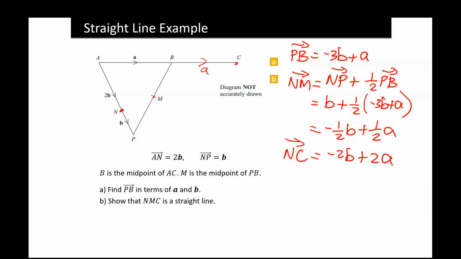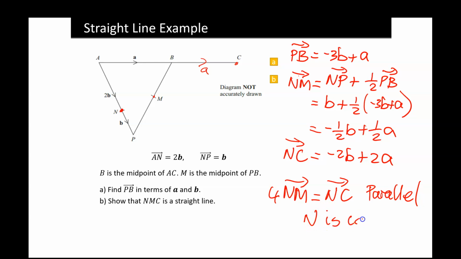Okay, so basically 4 lots of NM, or you could factorise them both, it doesn't really matter, is equal to NC, so they're parallel, and N is a common point. And you do need to make those statements at the end just to show that you know what you're doing and show what you've proved.